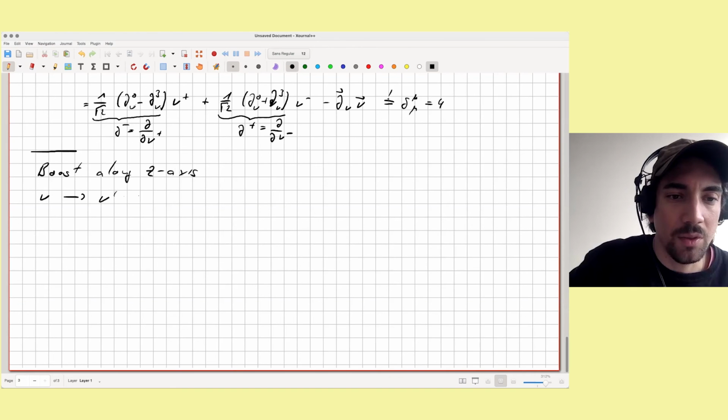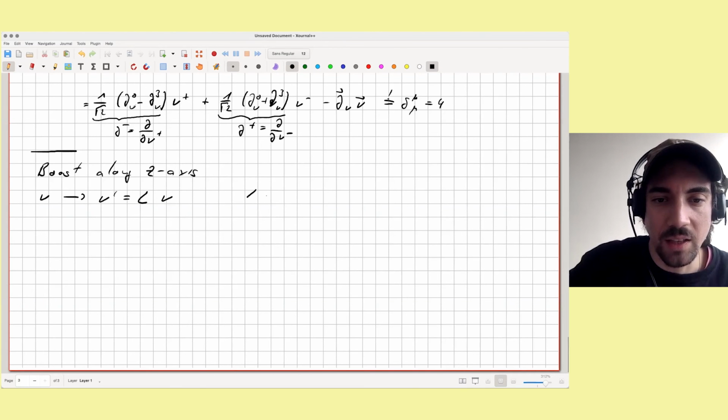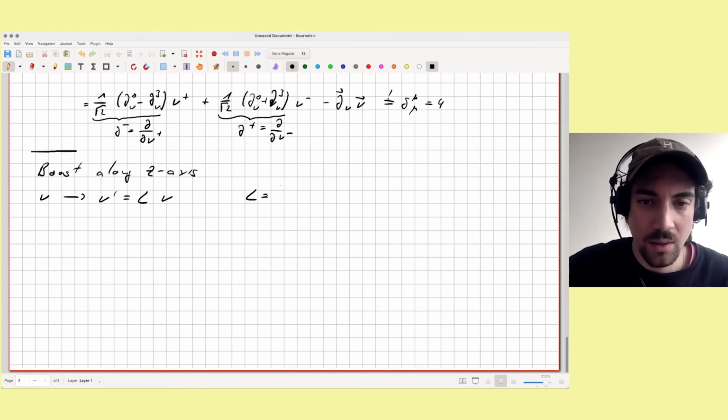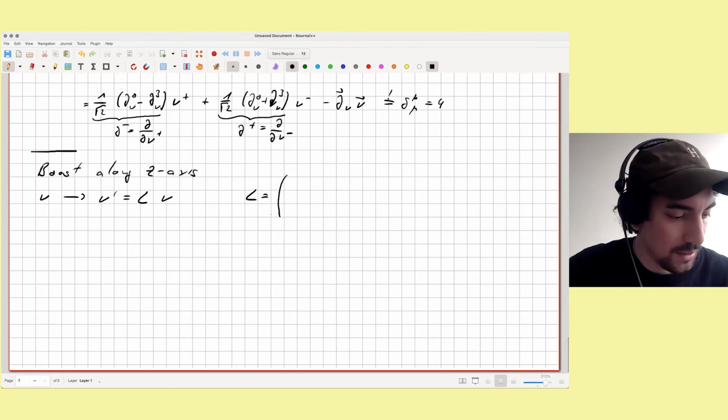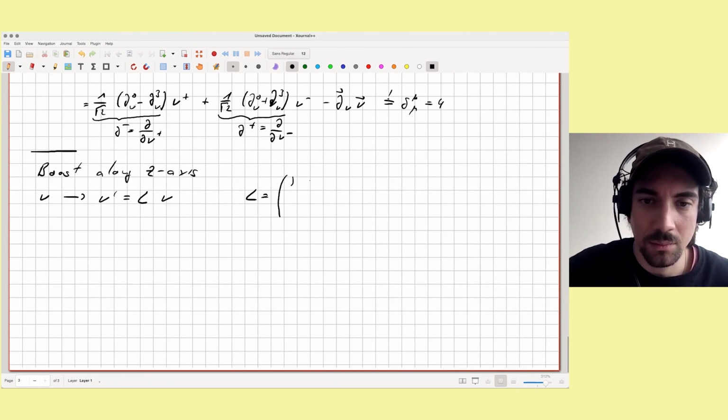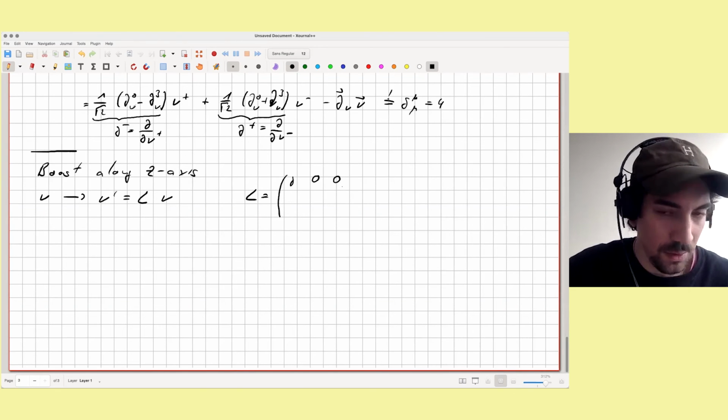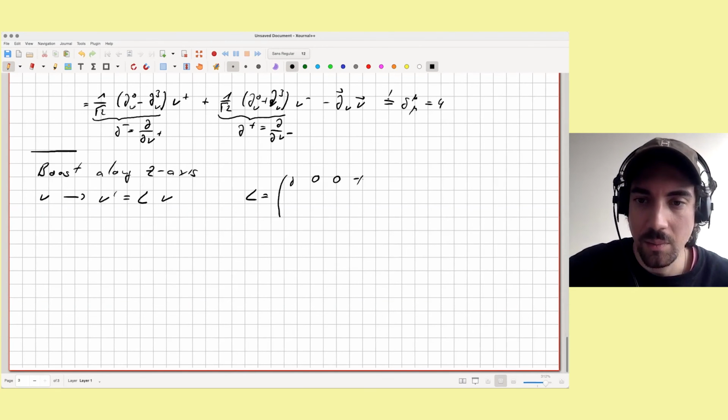v prime, which is L times v, where L is our boost matrix, a 4x4 matrix with the following entries: gamma, naught, naught, minus beta gamma.